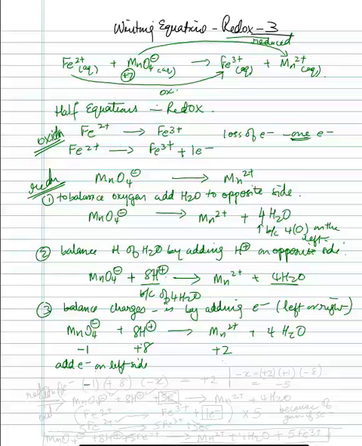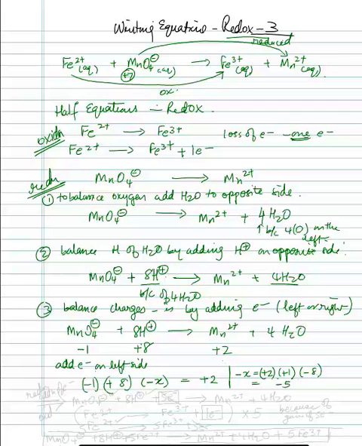How many electrons should I add? As -1 plus 8 minus x, whatever it is, should be equal to +2. Again, another little bit of an algebraic equation, and once you calculate that out, minus x is equal to +2 plus 1 and then minus 8, and so x turns out to be 3, and then of course this is going to be minus 5.